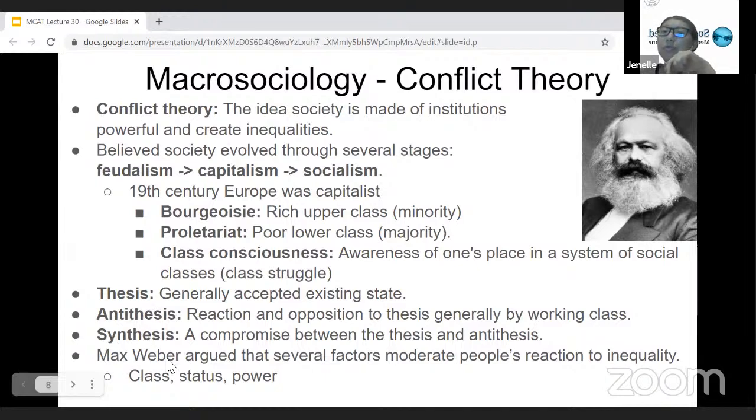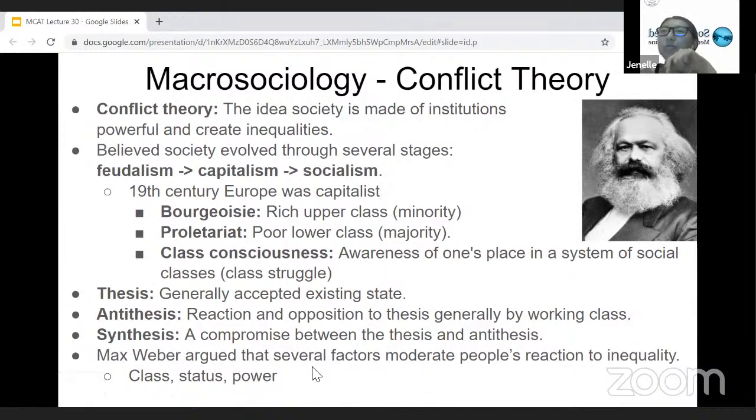Here we also have Max Weber, who contributed a little bit also to conflict theory, but he also argued that several factors were moderating people's reactions to inequality. So some of these things that he mentioned were class, status, and power. So how people actually reacted to this inequality was dependent on these different points.